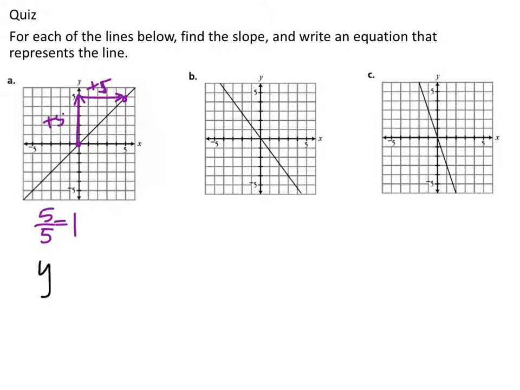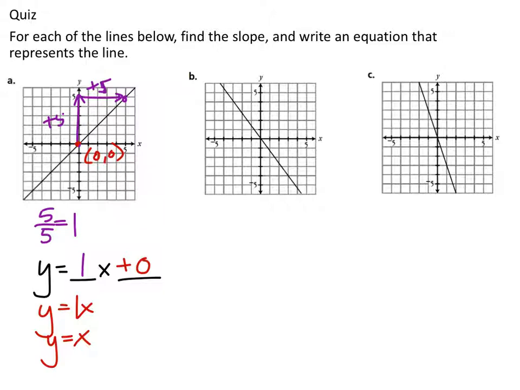So in the equation, y equals the slope times the x plus the y-intercept. Right now I have a slope of 1, and the y-intercept right there is at the origin, 0, 0. So again, you can put plus 0 right there, or if you just wanted to write y equals 1x. Some of you guys would even take this further and just say y equals x, and that works also.